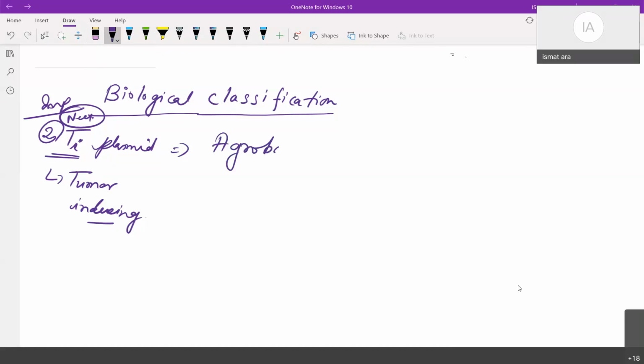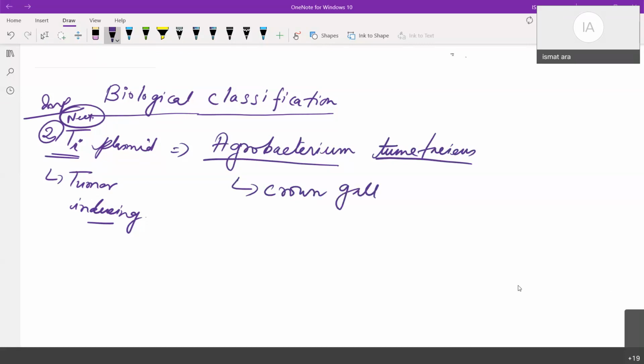That is Agrobacterium tumefaciens. In plants, they cause a disease called crown gall disease. In plants, a large tumor formation takes place. The disease is called crown gall disease, and that is why the name of the plasmid is TI plasmid, that is tumor inducing plasmid.